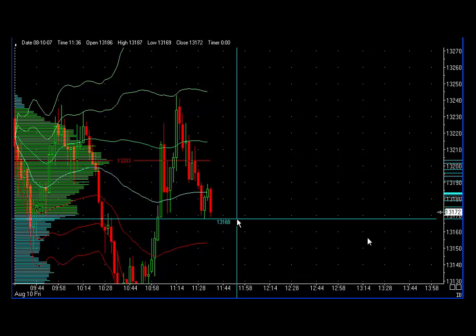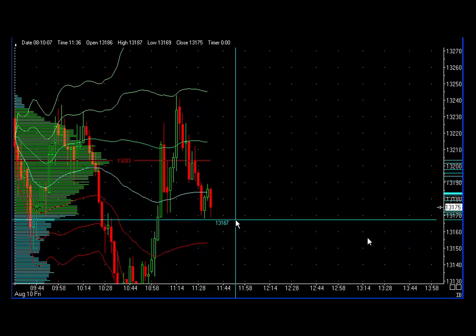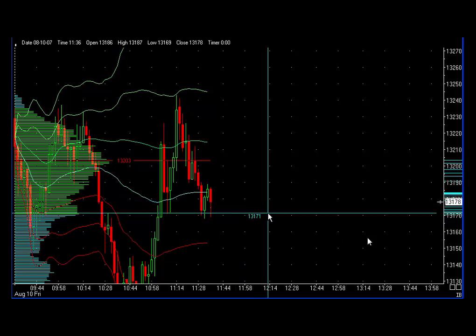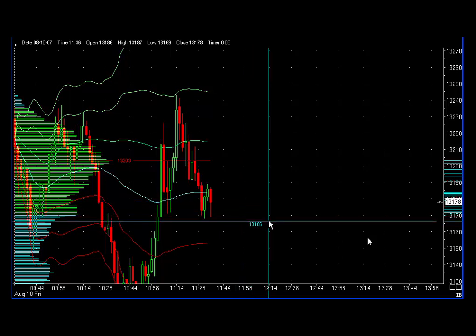Now I'm a very conservative trader, and when I see the market coming down like this, I don't want to lose any money on the trade. So many times I will move my stop to break even, which isn't always the wisest thing to do.